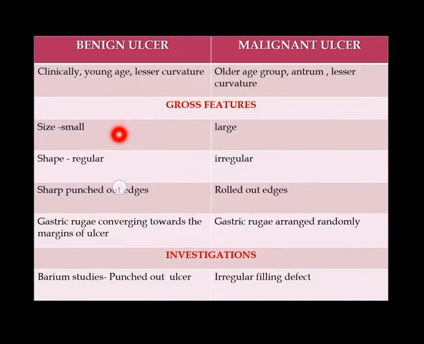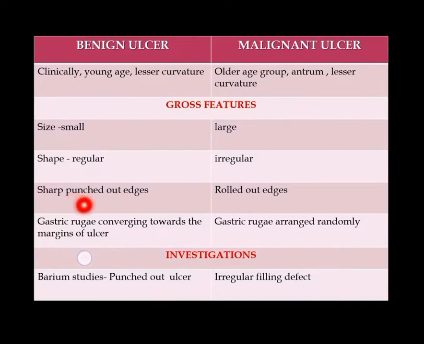So the size of a peptic ulcer will be smaller while malignant ulcer will be larger in size. Now the benign ulcer will be regular in shape while malignant ulcer will be irregular in shape, and very important point is the edges of the benign ulcer will be sharp and punched out.